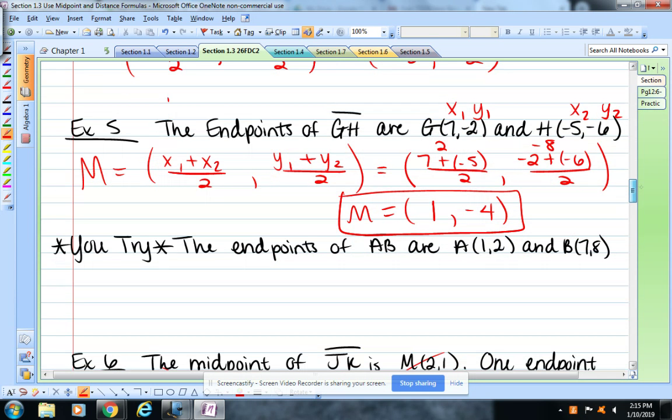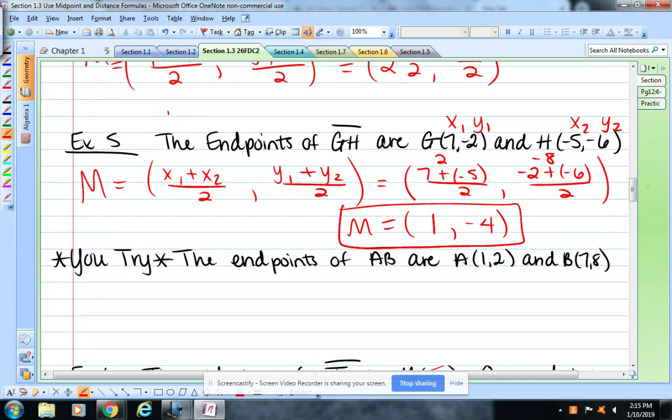Okay? You guys try this one. Find the midpoint of segment AB. Here they are. I'll highlight them. It's kind of hard to see with all that stuff on my board.